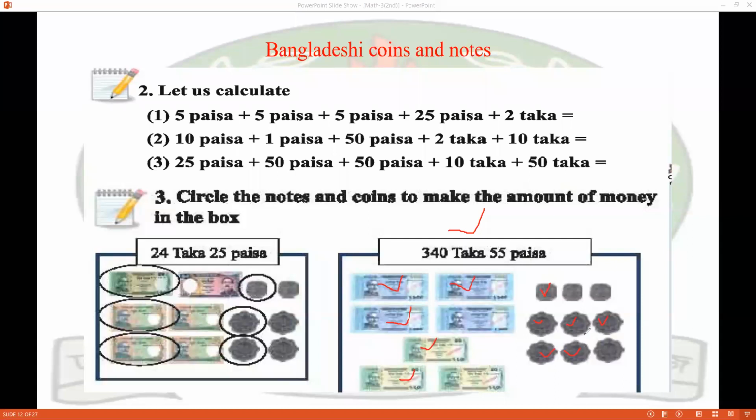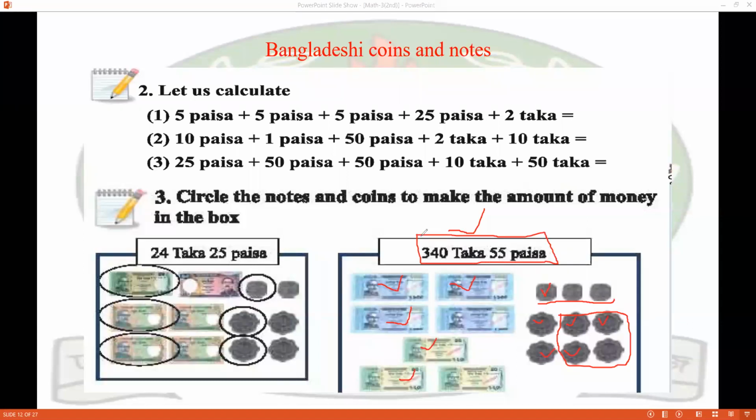Another way you can take it. At first you can take the 15 paisa from here, and at last you take four 10 paisa from here. Different ways you can choose to build up the total amount given here.